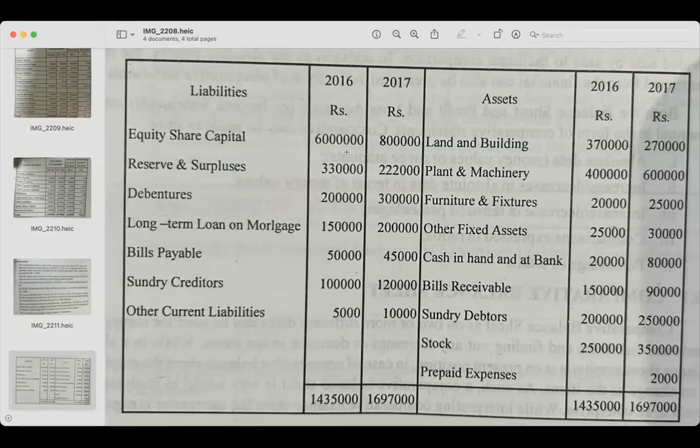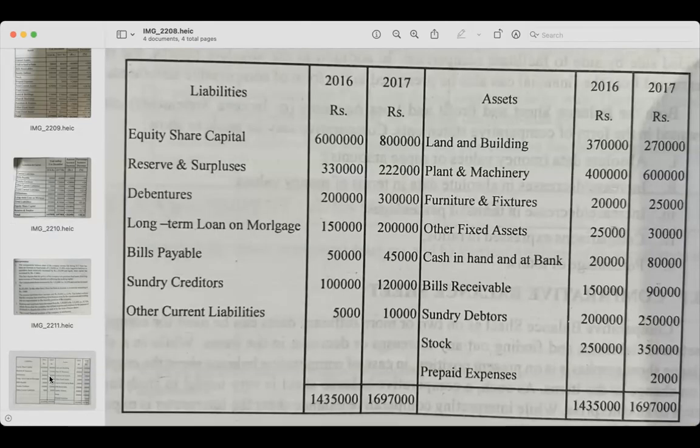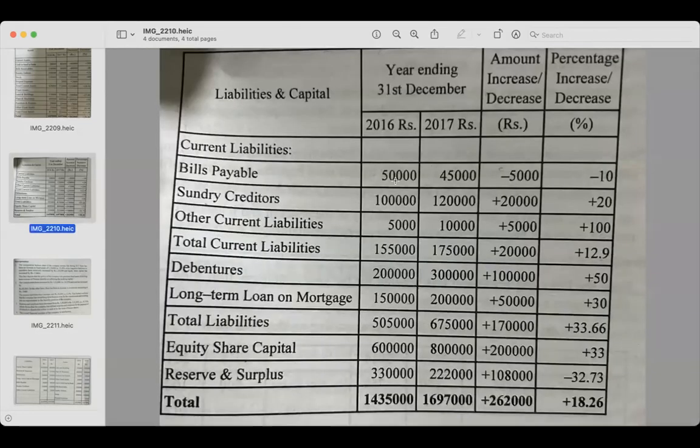So these items are taken in the solution at the end. They have gone for the order of liquidity. Bills payable is taken as the first item. Bills payable 5,000 is the shortest item, and that is taken as the first item.